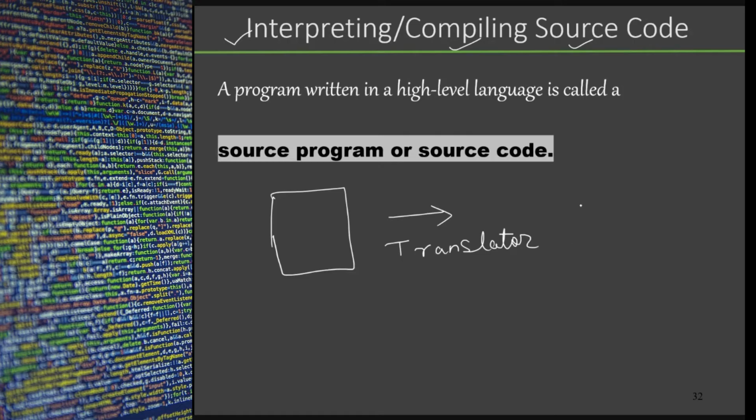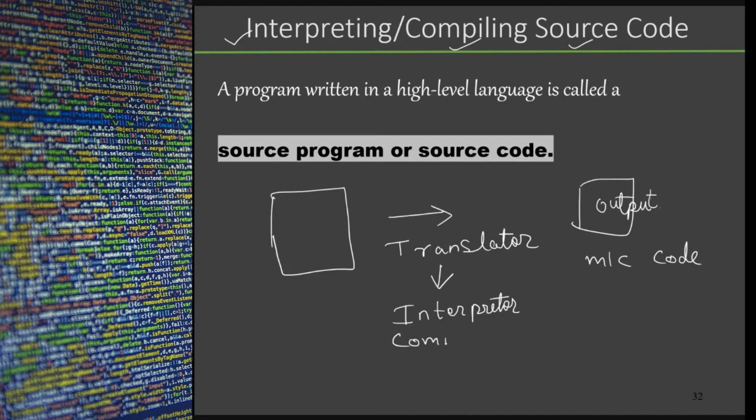And to convert it into what? Either the output or a machine code. So we need a translator, and there are two kinds of translator. One is interpreter and another is called compiler. You need to understand these two terms very carefully.